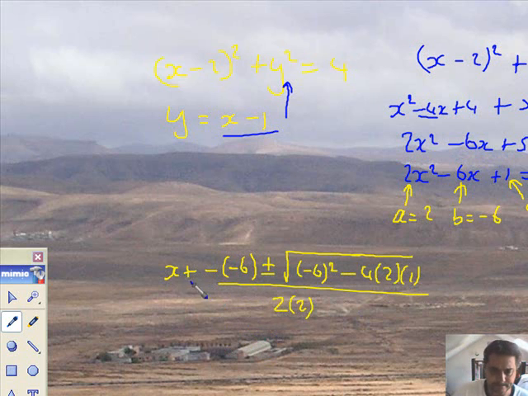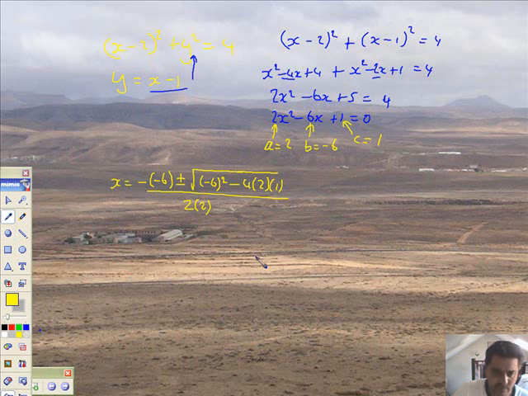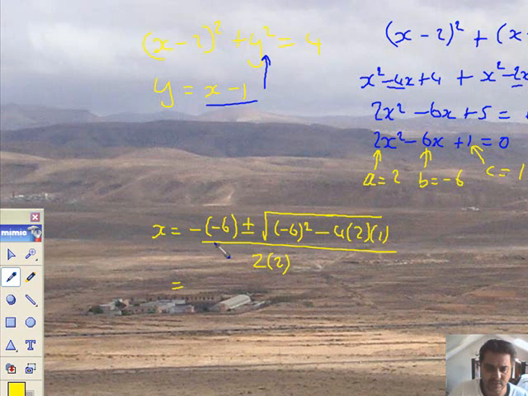Right, that should be an equals, of course. Let's just do it then. So I've got 6, give or take the square root of 36, and that's going to be minus 8, isn't it? Because minus 4 times 2 is minus 8, times 1 is minus 8. Divide that by 4, so we get our 2 answers now.